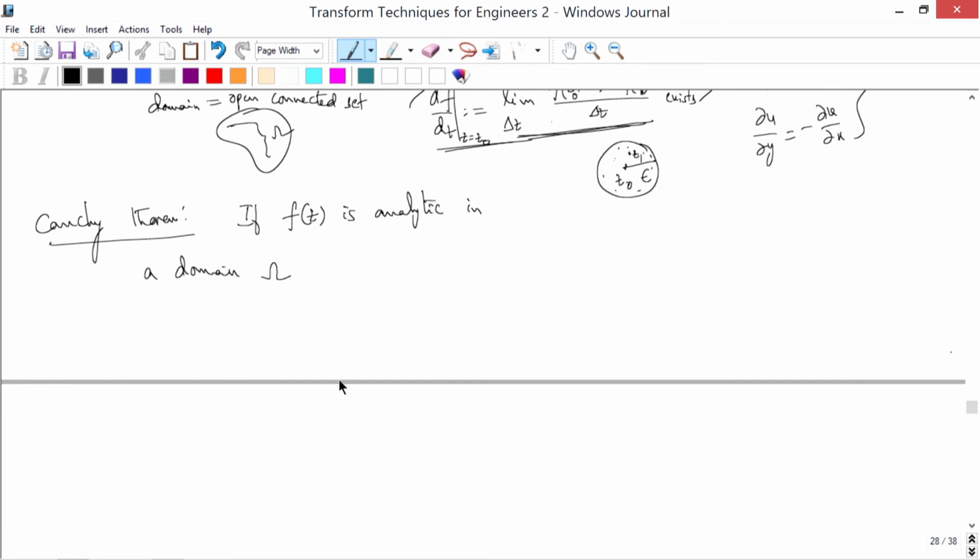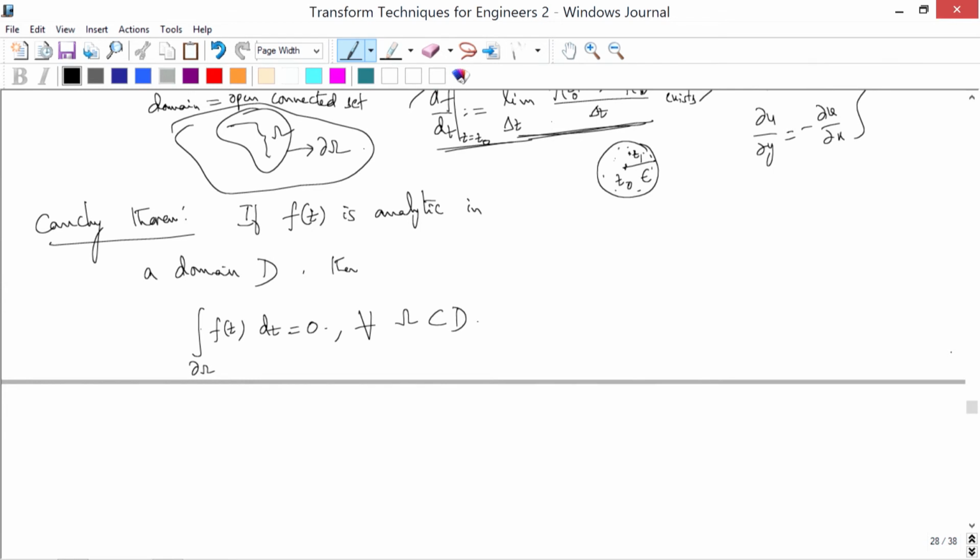Then, if I call the boundary of that dou omega, the integral over dou omega of f of z dz is always 0. This is true for every omega inside the domain D. Let us call this domain D, and then you take this omega inside some bigger domain.